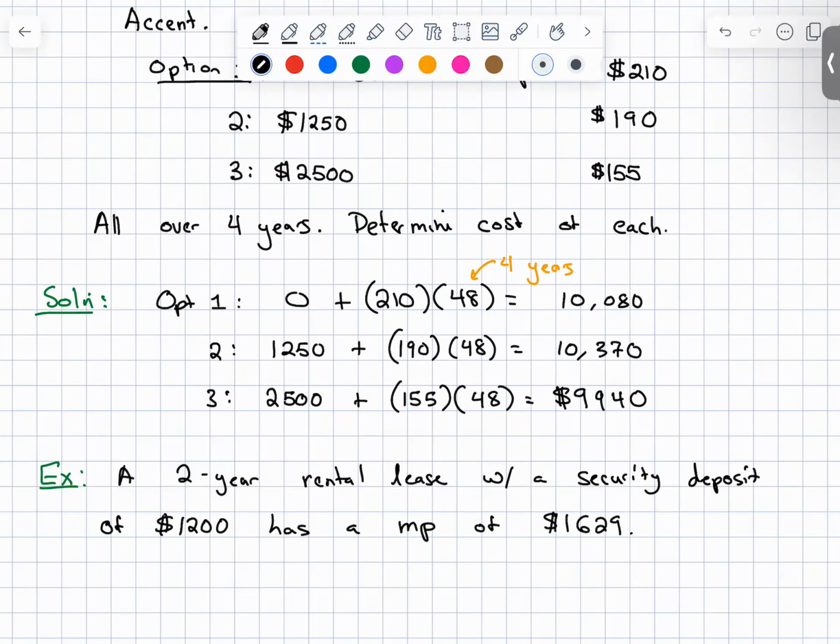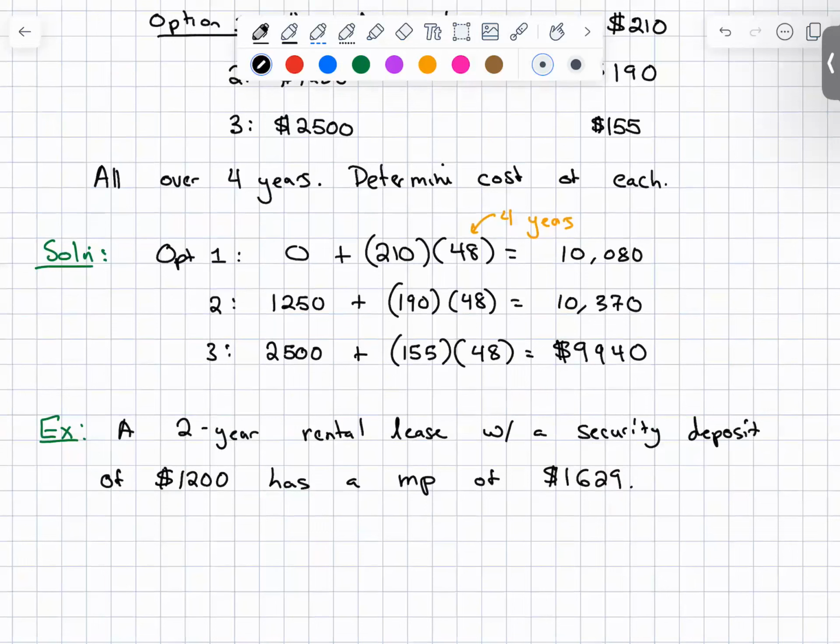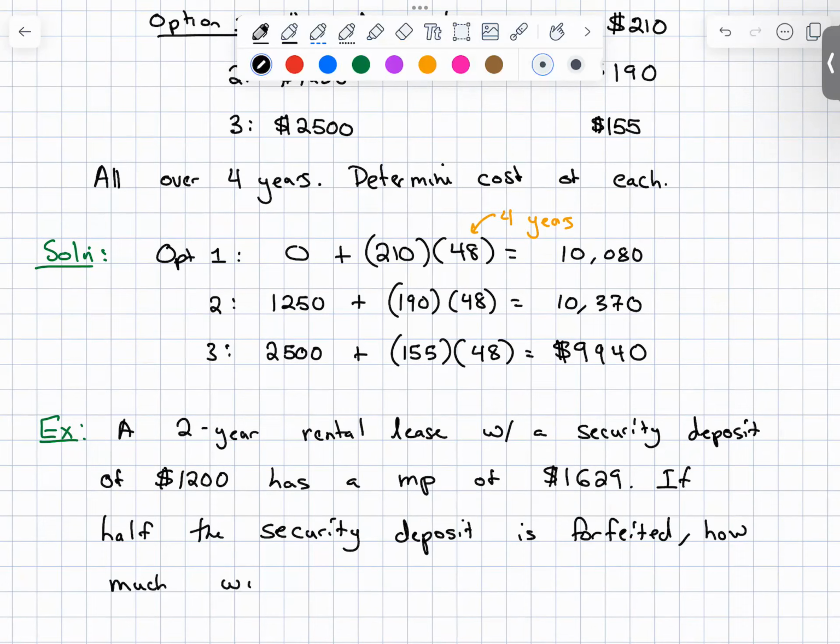So a 200 square foot studio. If half the security deposit is forfeited, how much will the lease cost?